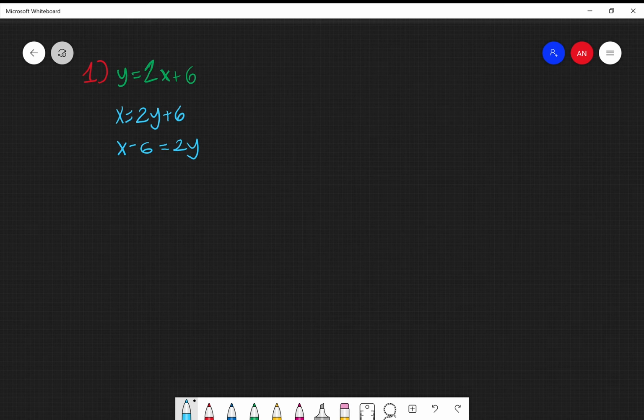And then we can divide this whole thing by 2 to get y. y is equal to the quantity x minus 6 over 2. So that's our new equation. We can also rewrite that as 1/2 x minus 3, but they're both the same.